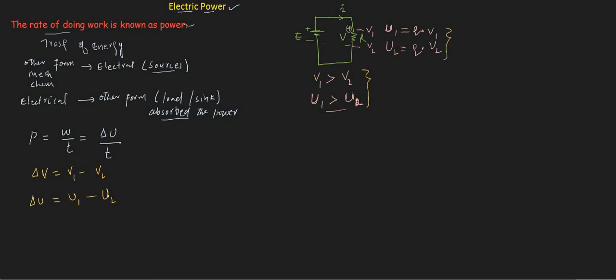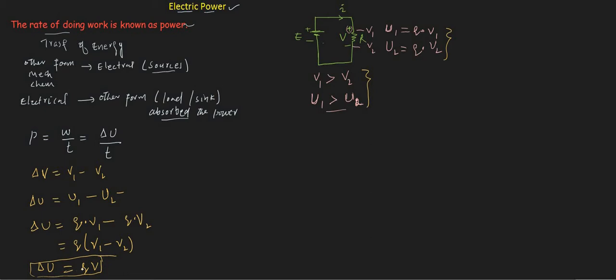Putting these into the equation, we get del U equals Q into V1 minus Q into V2. Taking Q common, we get Q times V1 minus V2, and we know that V1 minus V2 is the potential difference V between these two points. So we can write del U equals QV.